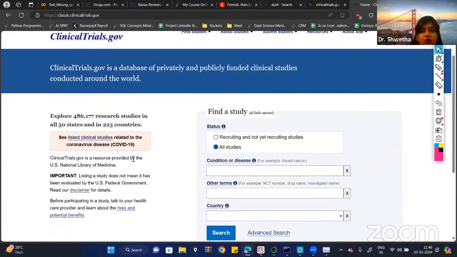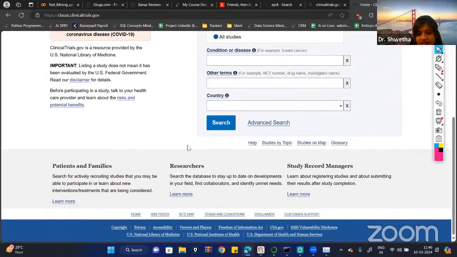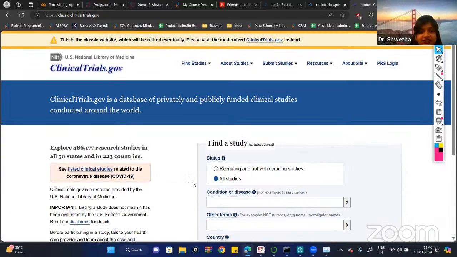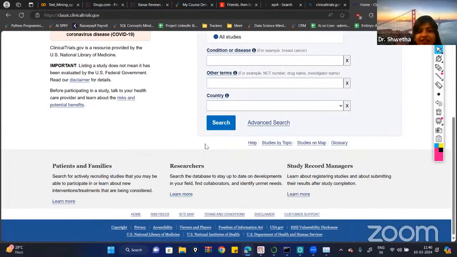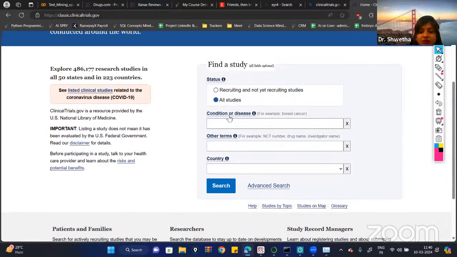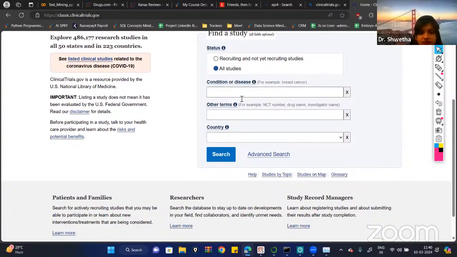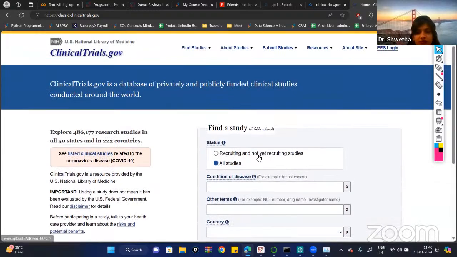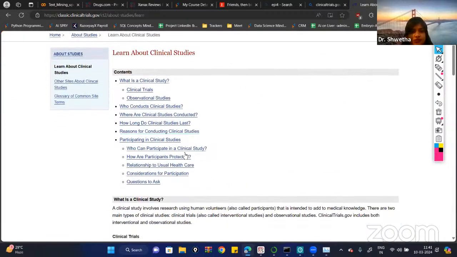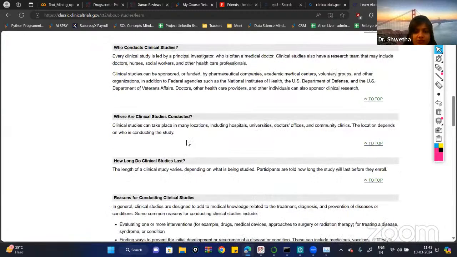Here, all the drugs which are being studied, which are under trials, will be there. And what were the results, or what were the reasons why the study was terminated, all this will be given over here. You can find all the information over here.